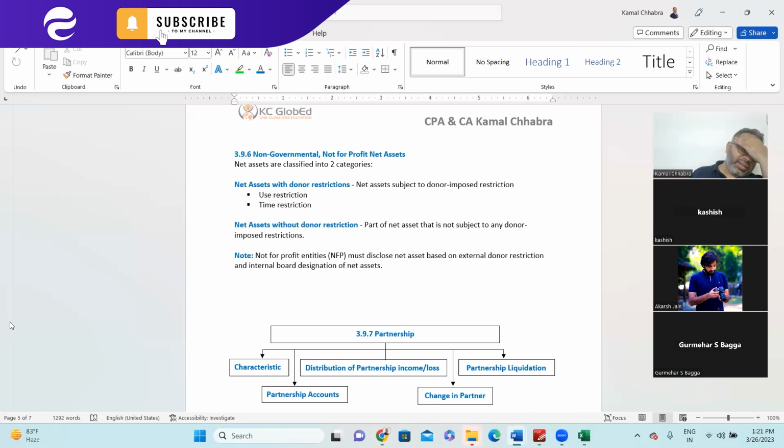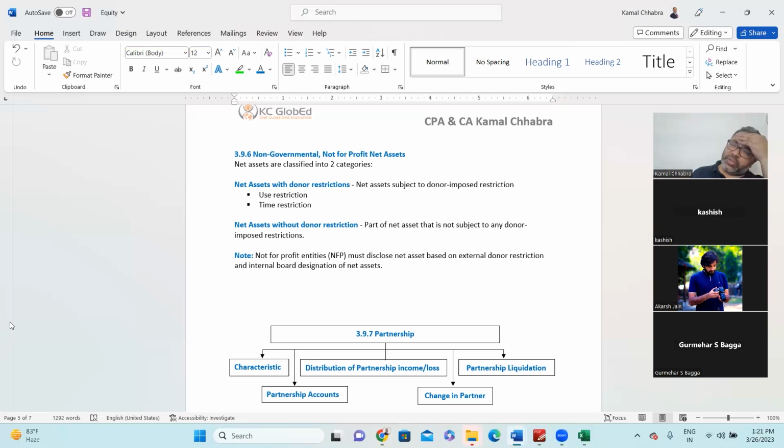Right? And then there are certain donations which a donor gives or commits to give, and those are based on time. For example, I am a donor of a church, and I said to the church, I'll contribute $1,000 every year for child education for the next 5 years, right?